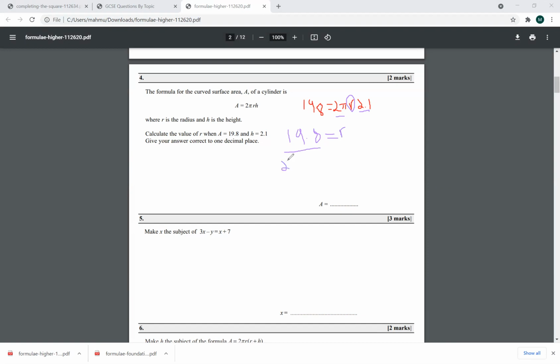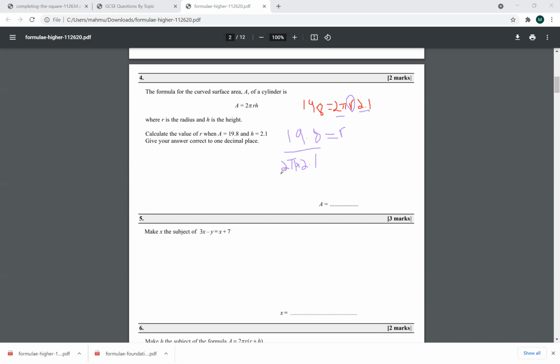So 2 pi and 2.1, and in the middle this is times. Now you could easily find it out. You could do 19.8 divided by 2 pi, which is 3.14, times 2.1.